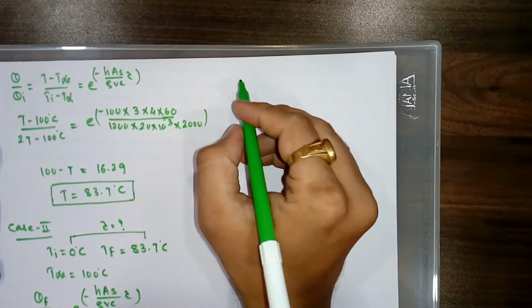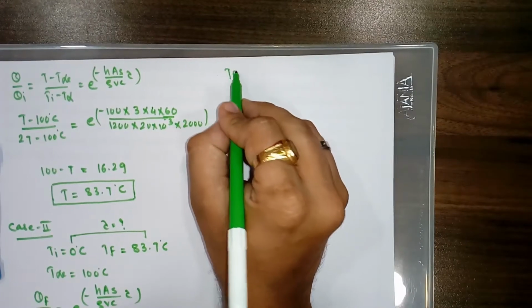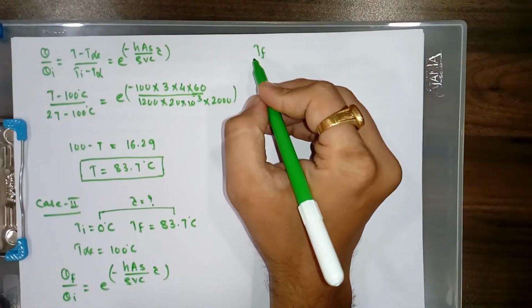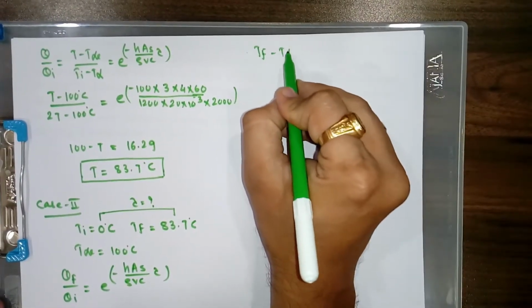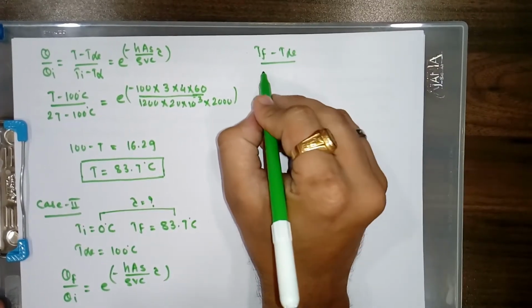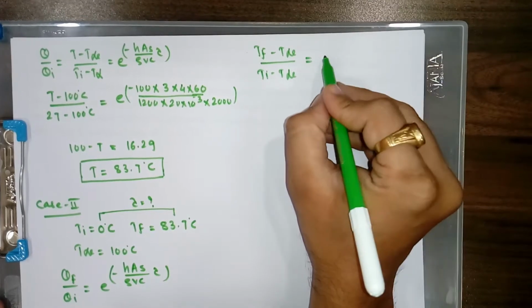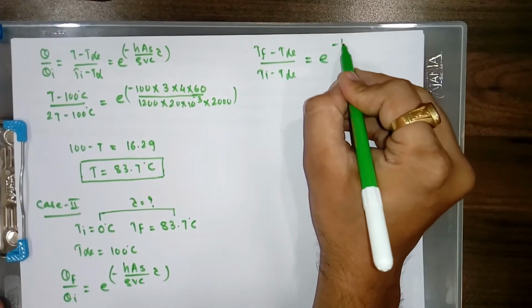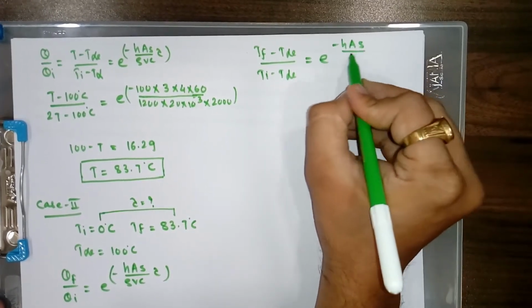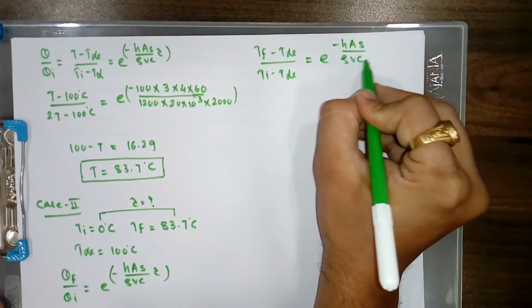So again we put down the values, that TF minus T infinity upon Ti minus T infinity equals exponential minus HAS upon rho Vc into tau.